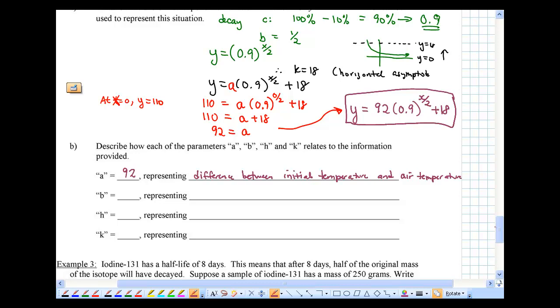The B value, in this case, was the, I think, 1/2, right? So that represents the interval of time over which a 10% decrease in temperature occurs.